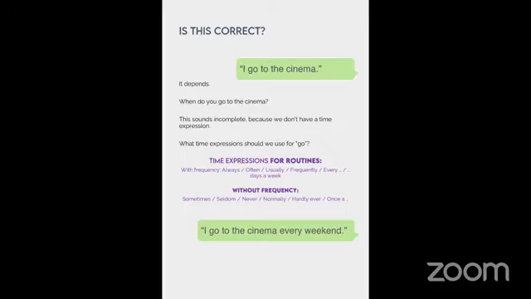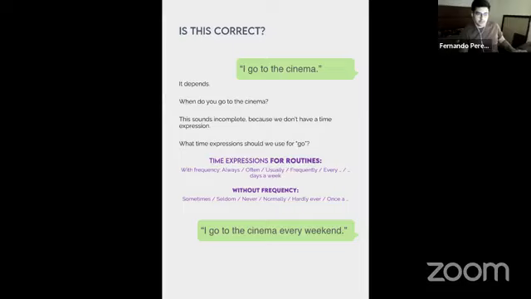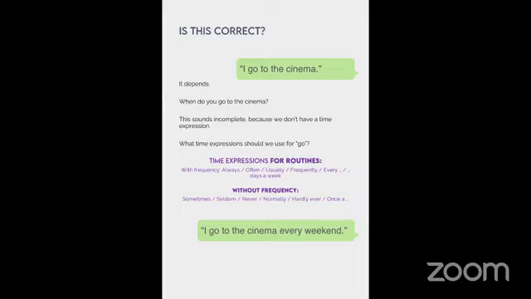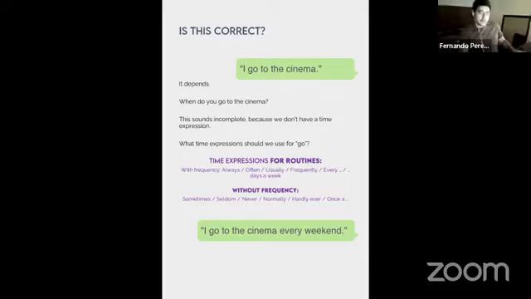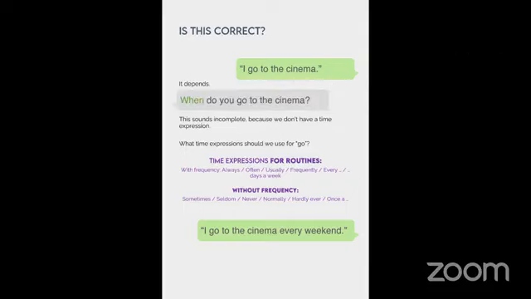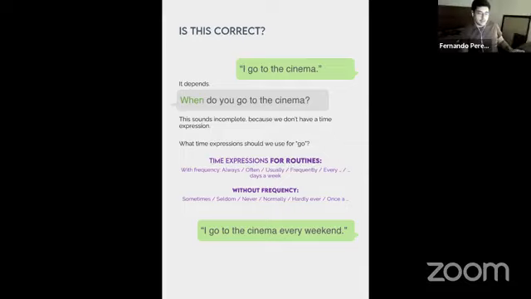Normally I go to the cinema when I am bored. Normally, I go to the cinema every weekend. Normally, I go to the cinema when I am bored.